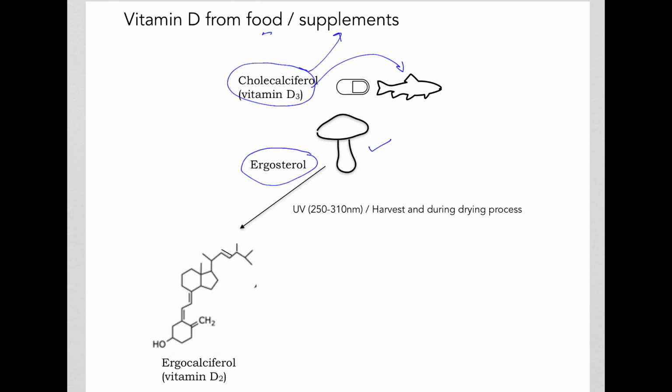Now, this ergosterol is converted into ergocalciferol or vitamin D2, and this happens when the mushroom is harvested or during the drying process. So this means that the diet can give us vitamin D3 as well as vitamin D2.